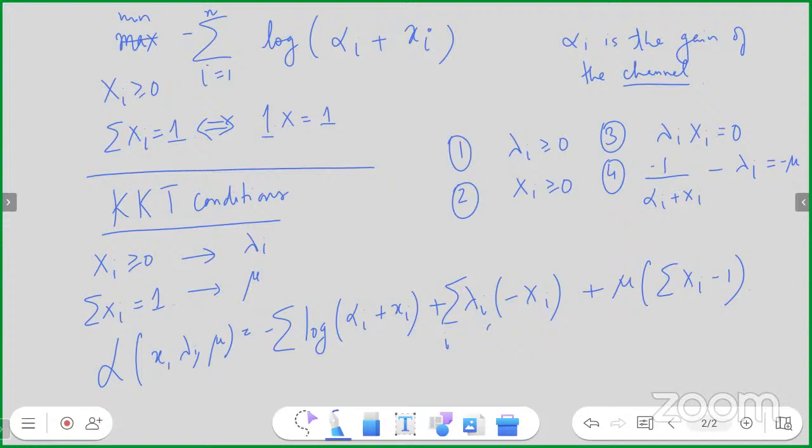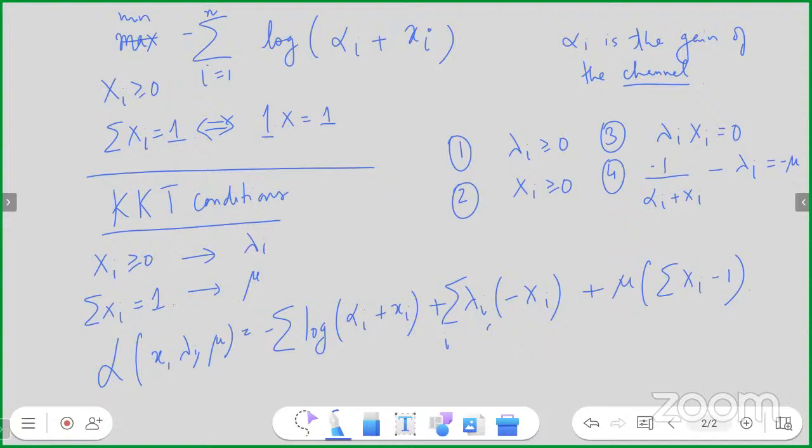But can you represent all of these as just one condition? Equations over just one variable? Currently, there are two of them. But is it possible to represent it as a function of just one variable? What do 3 and 4 tell you? 4 tells you something about writing lambda in terms of mu and x.